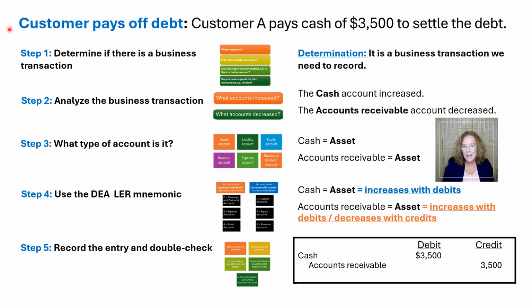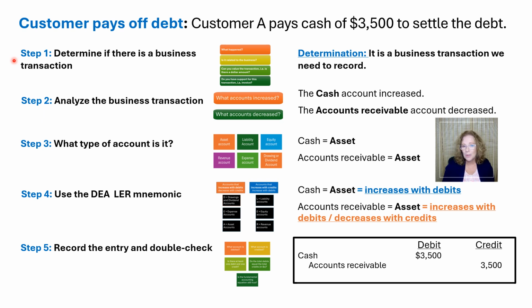In this next transaction, customer A pays cash of $3,500 to settle the accounts receivable. So step one, is this a business transaction we need to record? What happened? The business receives cash from a customer to settle an outstanding receivable. The customer promised to pay later. Is it related to the business? Yes.